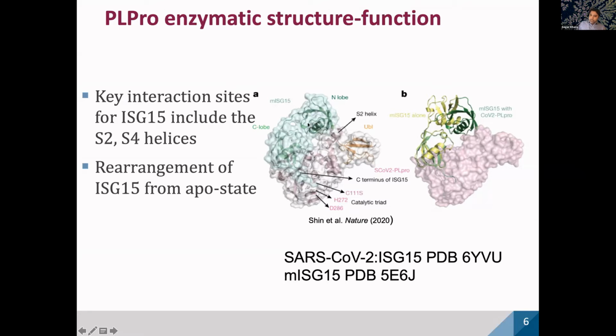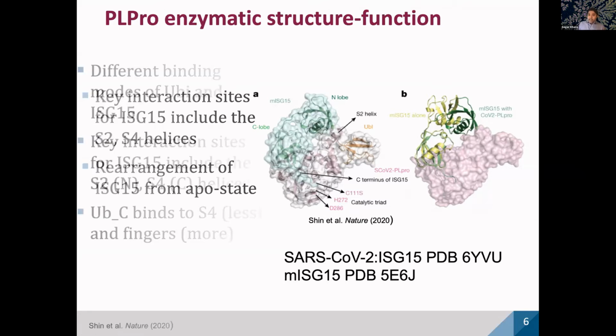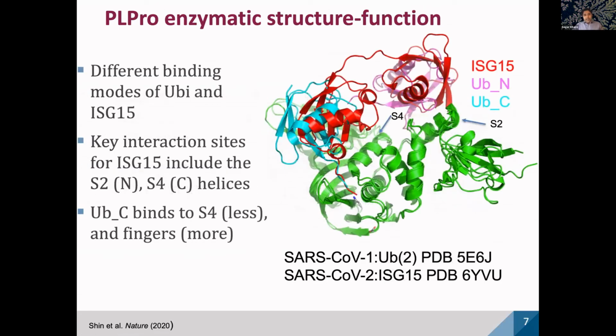So this was illuminating, and then immediately one can see why there might be differences in the preference for ubiquitin versus ISG15. So here, although the structure with diubiquitin and SARS-CoV-2 is not known, to my knowledge, we know the structure of SARS-CoV-1 bound to diubiquitin, and SARS-CoV-2 bound to ISG15.